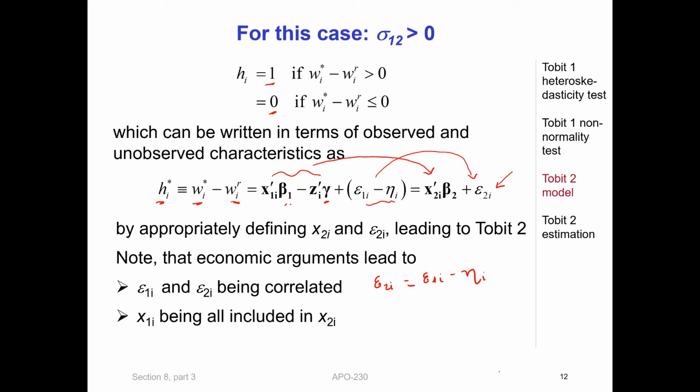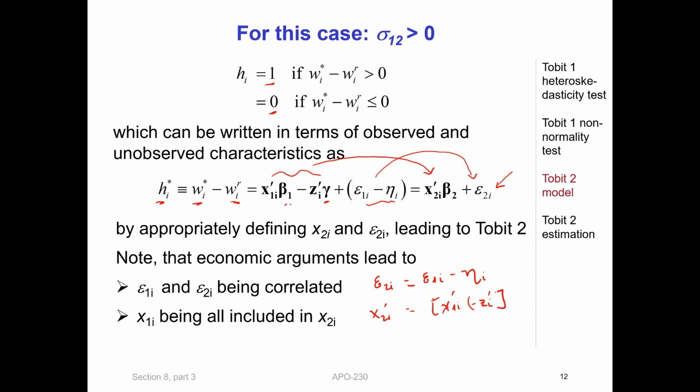And the second thing is we have x2i prime would be x1i prime and minus zi prime, right?